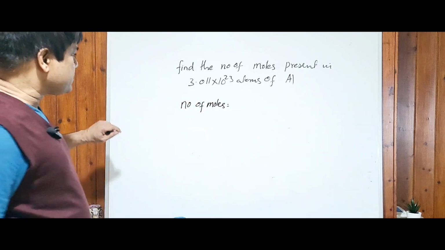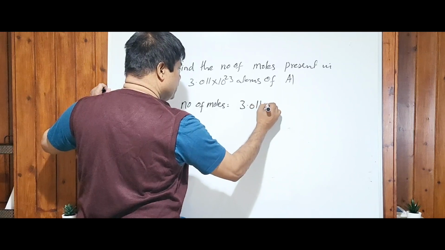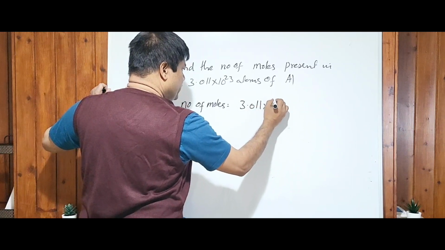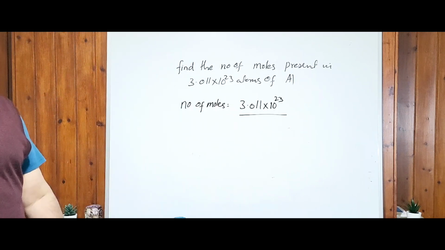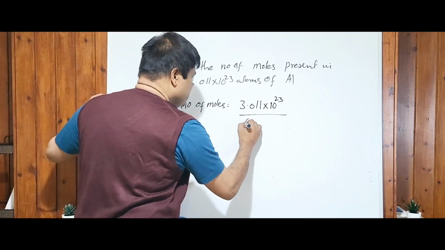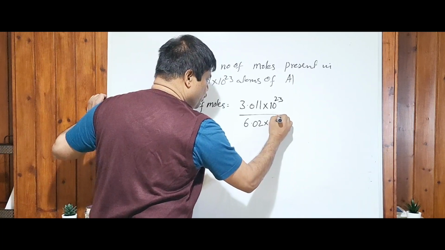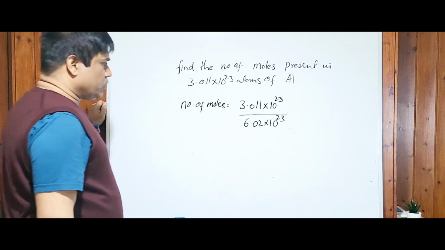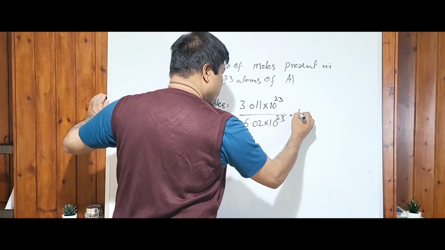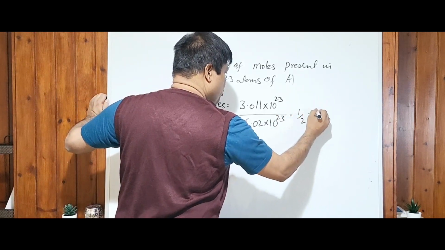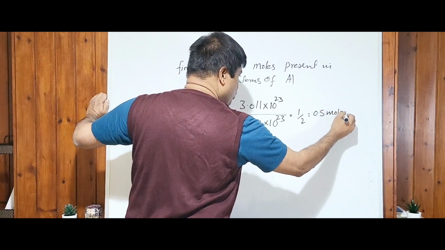So the number of particles given to you is 3.011 into 10 to the power of 23, divided by Avogadro's number, which is 6.02 into 10 to the power of 23. This is roughly half, 1.2, which is 0.5 moles.